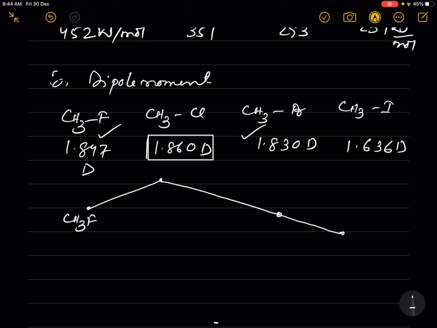For CH3F, CH3Cl, CH3Br, CH3I, the dipole moment of CH3Cl is more than that of CH3F and CH3Br.